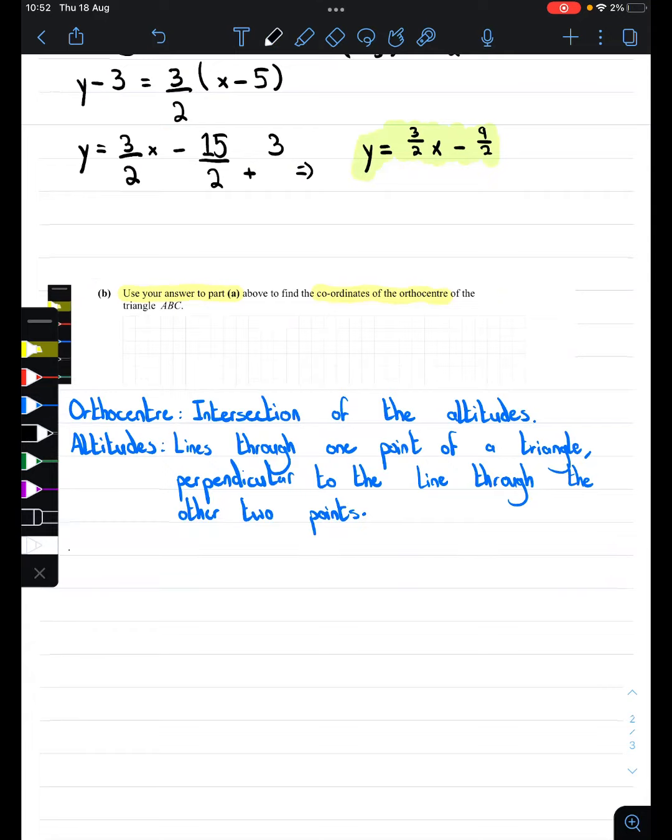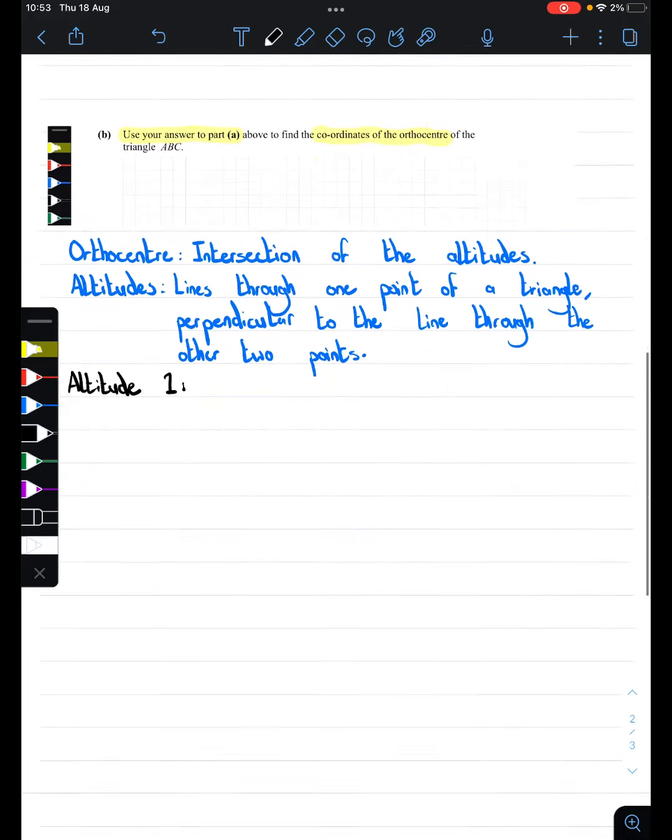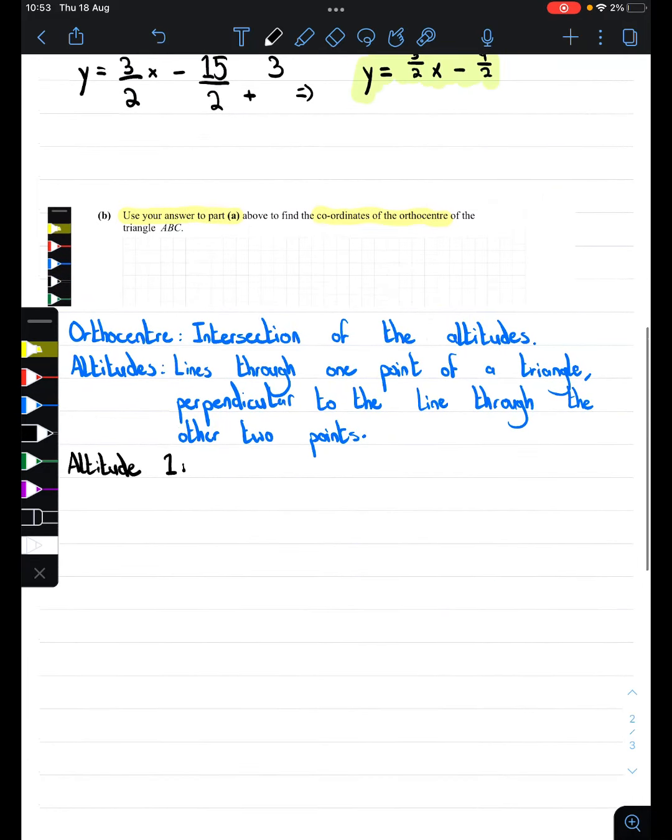Altitude 1 is the line that we just found: y equals 3 over 2x minus 9 over 2. So that's one altitude, and now we need one other.